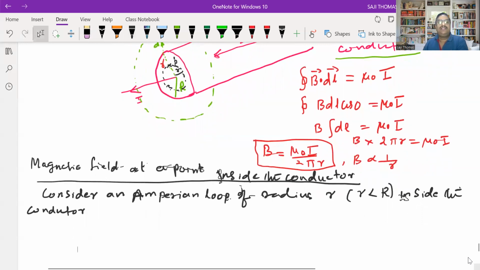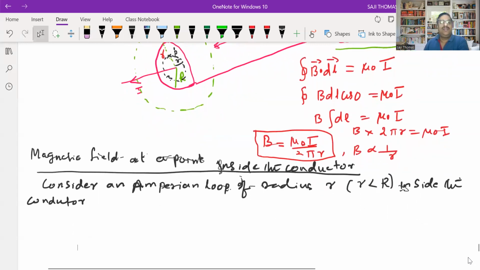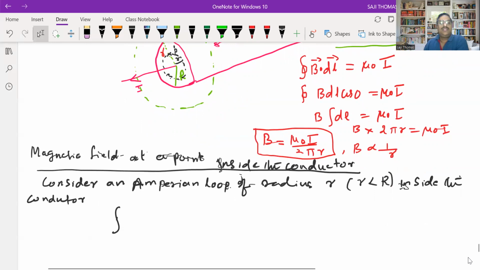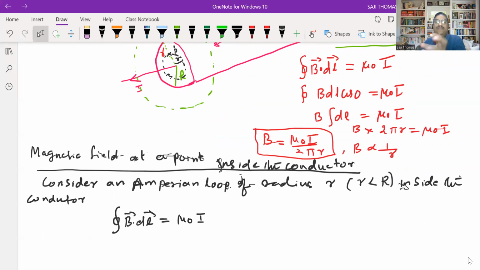You can apply Ampere's Circuital Law. What is Ampere's Circuital Law? The closed integral of B dot dl is equal to mu0 times I. But here we imagine that the current is flowing through the entire cross section of the conductor, uniformly distributed.